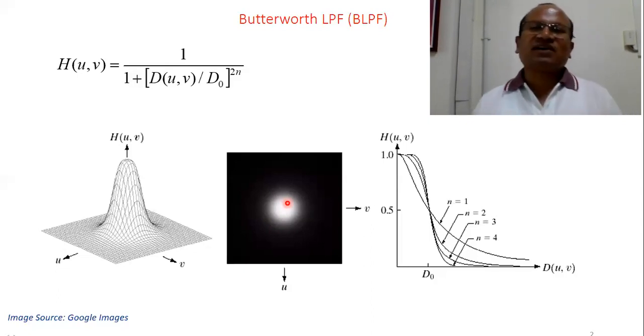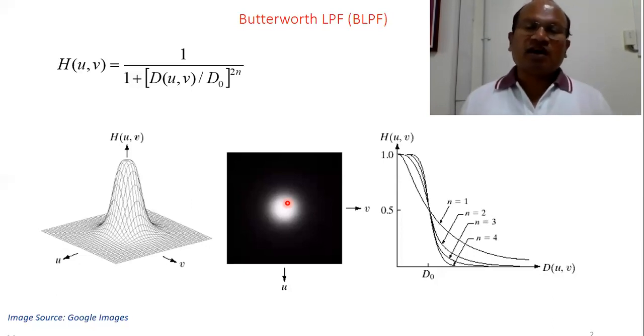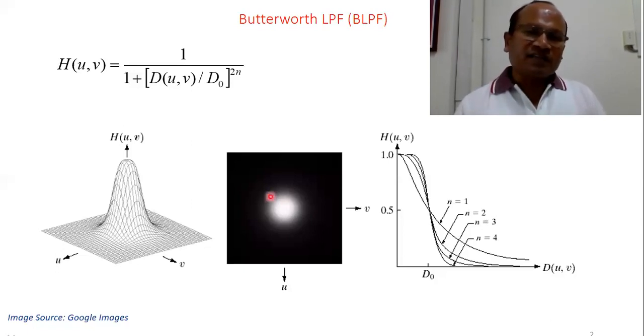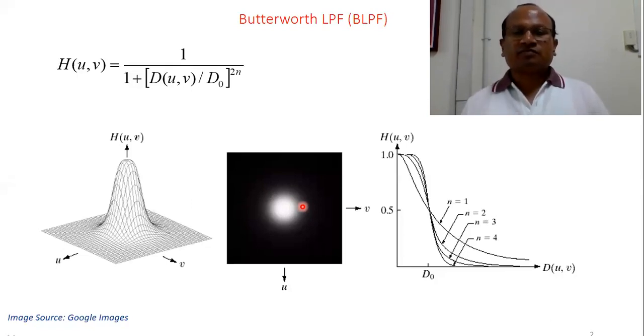That is the difference between the ideal low pass and the Butterworth low pass, or any practical low pass filter. Butterworth and Gaussian are practical low pass filters. So this is the big difference between the cross-sectional view of the Butterworth low pass and the ideal low pass filter.